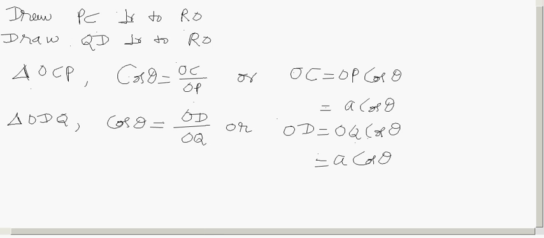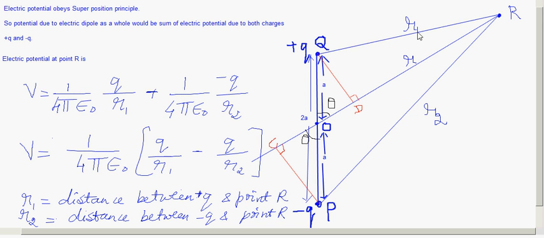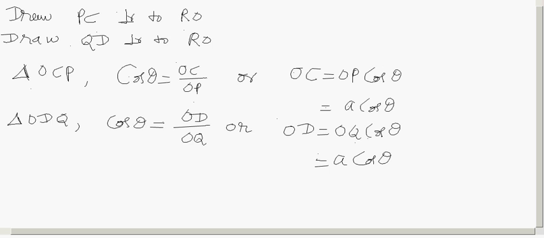Now from the figure, R1 is QR, which is approximately equal to DR, which can be written as OR minus OD.